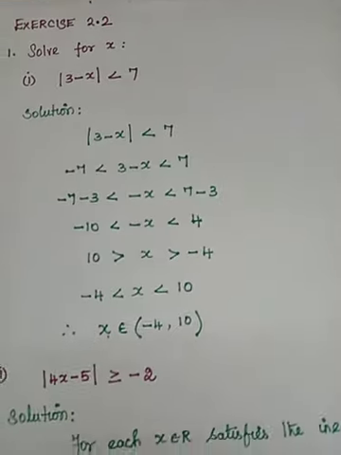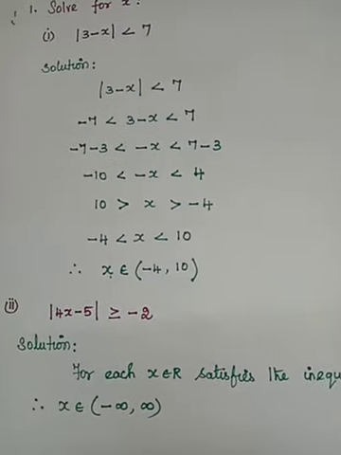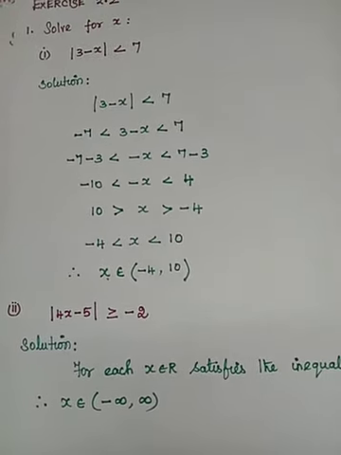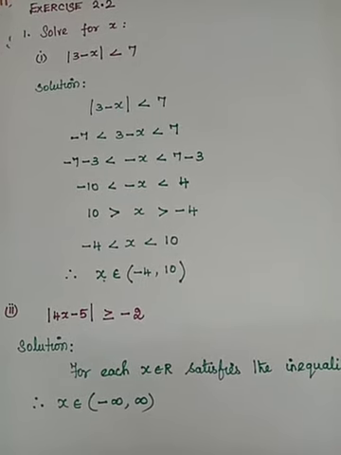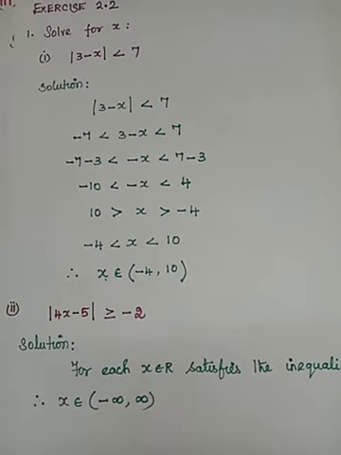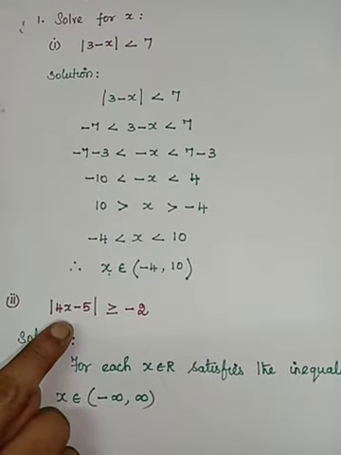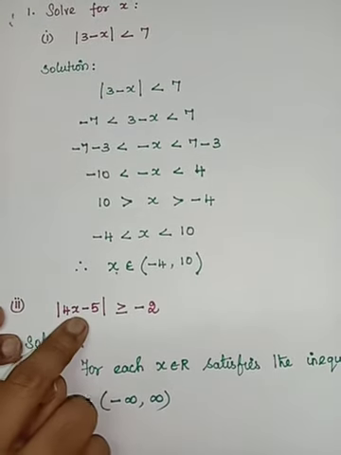Okay, coming to the second problem. Modulus of 4x minus 5 greater than or equal to minus 2. You see, on the right side you are having the negative number. You see that the modulus of any number is positive.